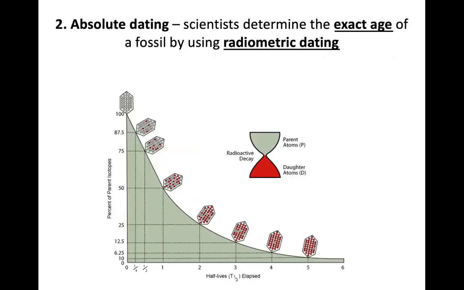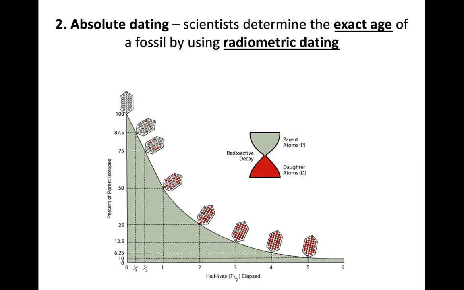The second piece to this is absolute dating. And this deals with radiometric dating. So technically what scientists are studying are radioactive isotopes. And that's why I say this is things that you would study in physics or chemistry.